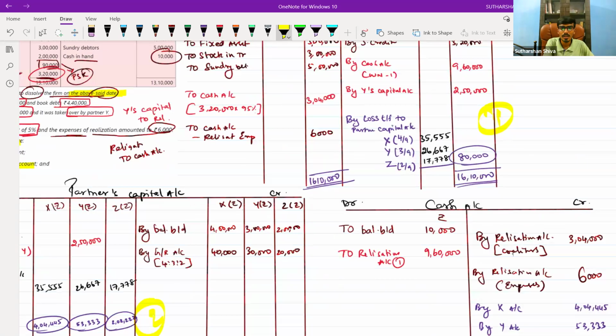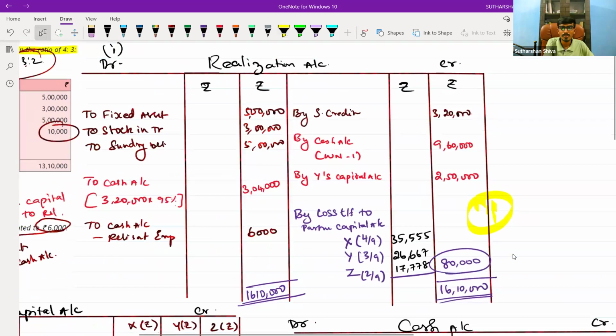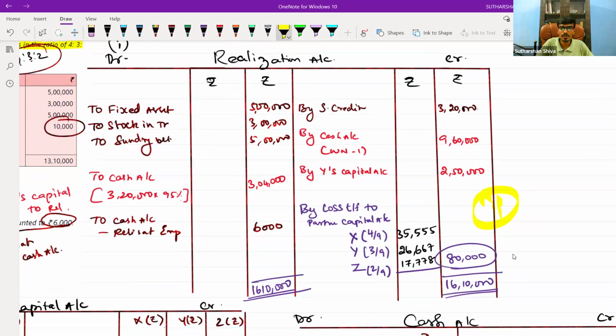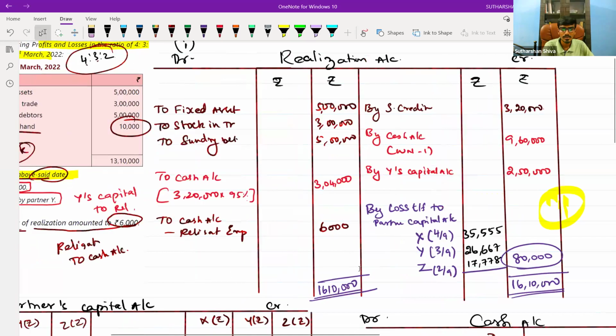Those who want to take a screenshot can take a screenshot so that you will also know how to write it. Done. Yes.